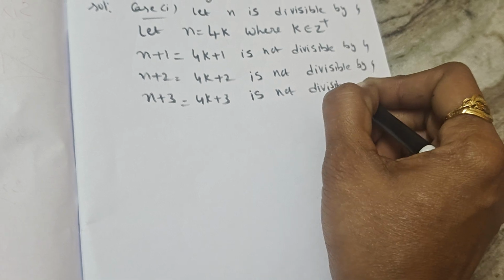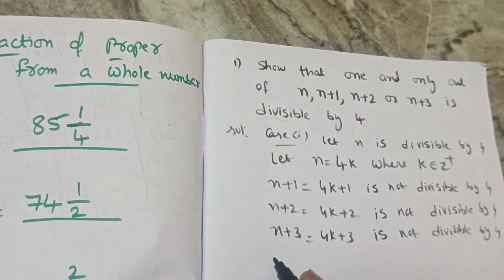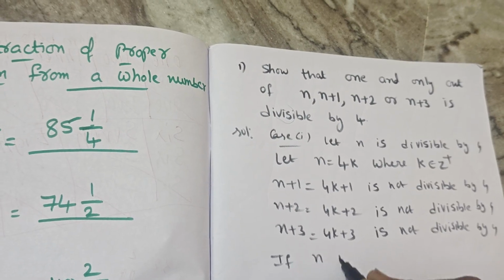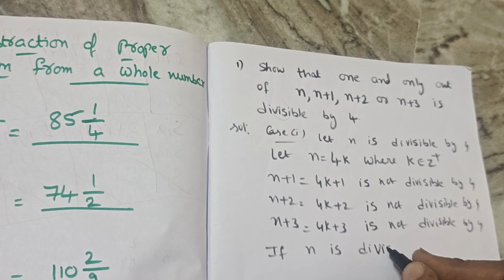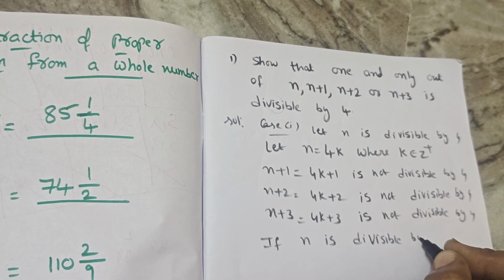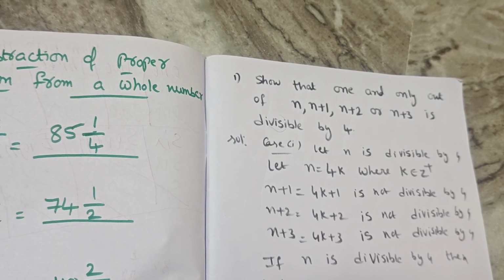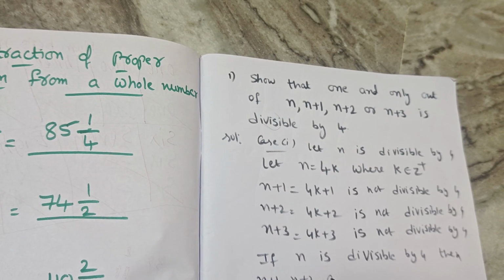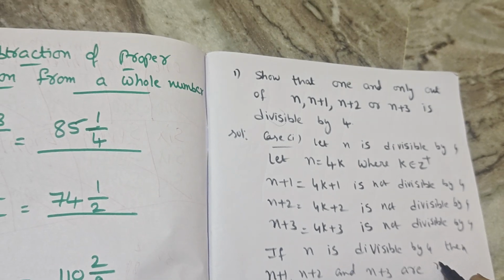So what do you understand from the first case? If n is divisible by 4, then what will happen? N plus 1, n plus 2 and n plus 3 are not divisible by 4.